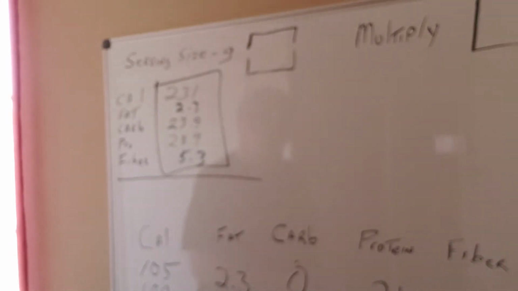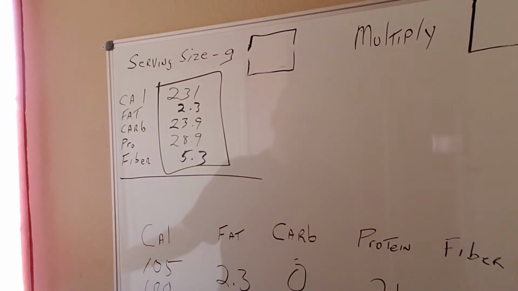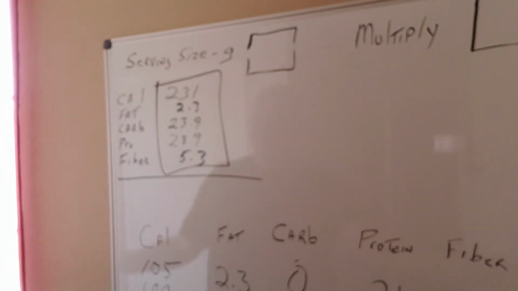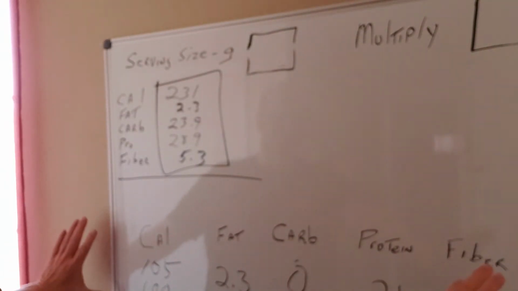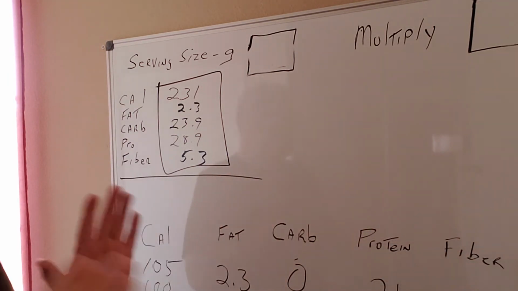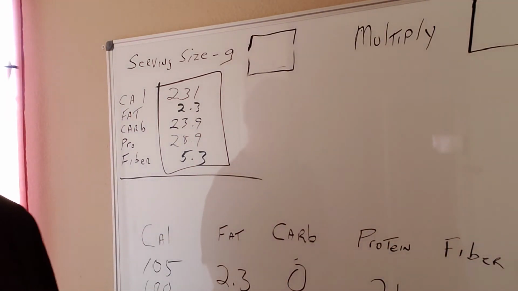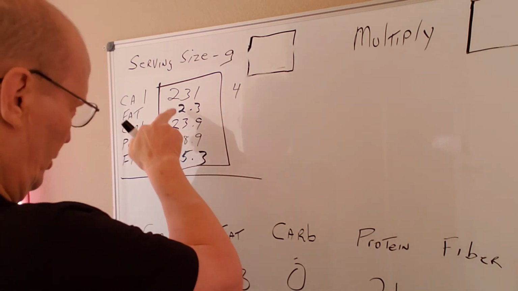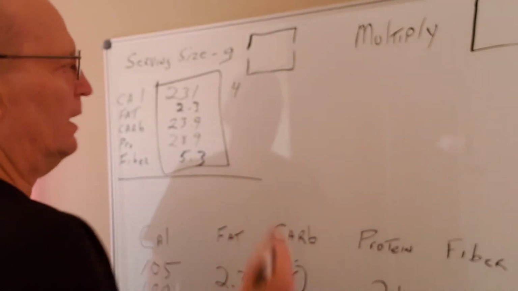Now, let's say that you're preparing a casserole, and these were the calories for all the casserole, and this entire casserole was going to feed 4 people, or 4 servings. So now you just take the 231 and divide that by 4. The 2.3 and divide that by 4.